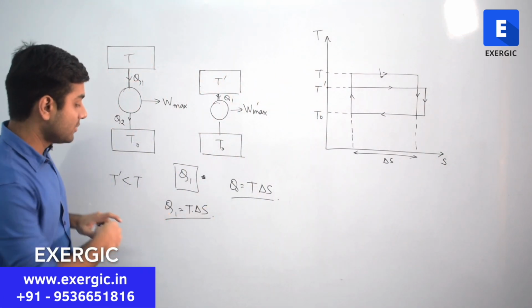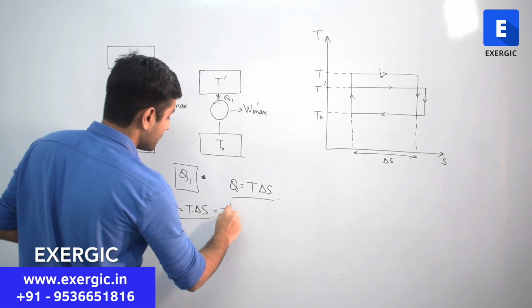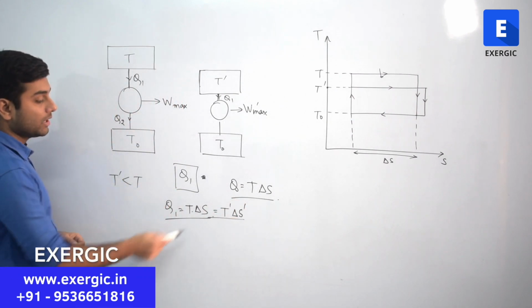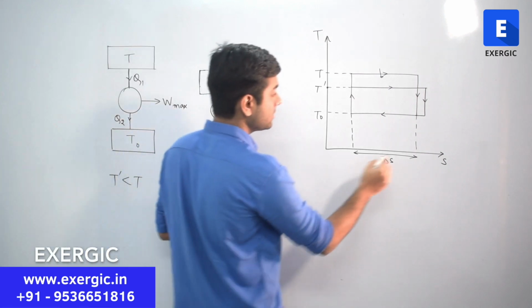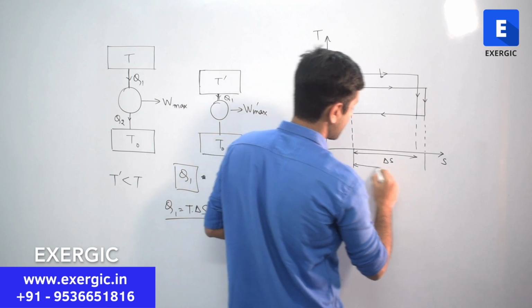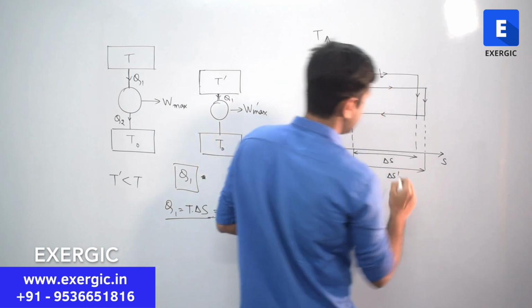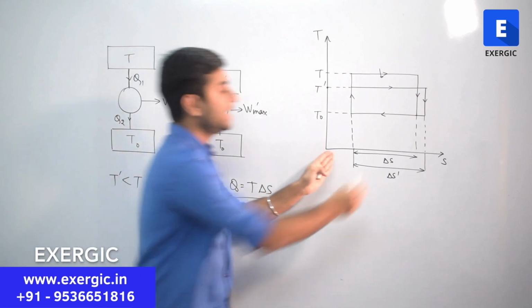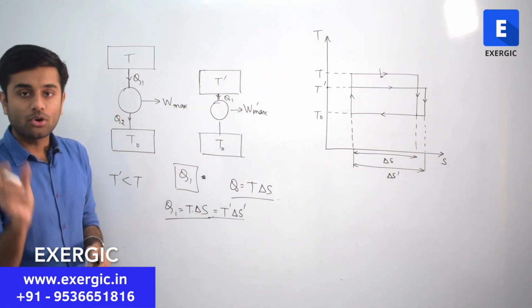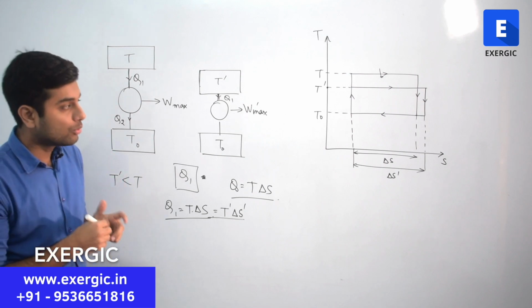Since Q is same, T dash multiplied by delta S dash should again be equal to Q1, where delta S dash is the new change in entropy in the cycle. Since T reduced, delta S will increase because the multiplication of T and delta S is constant, because the same heat is being supplied to both of them.